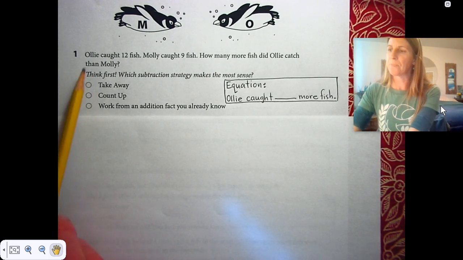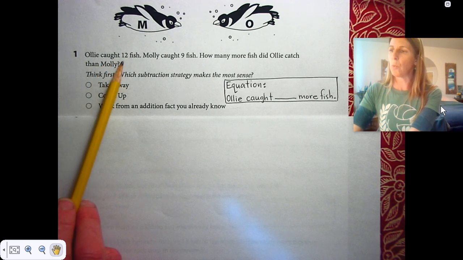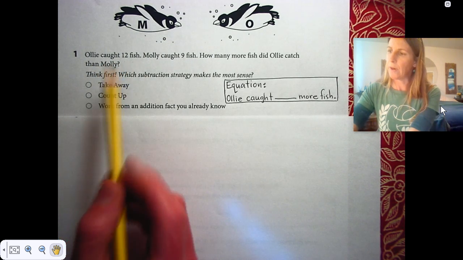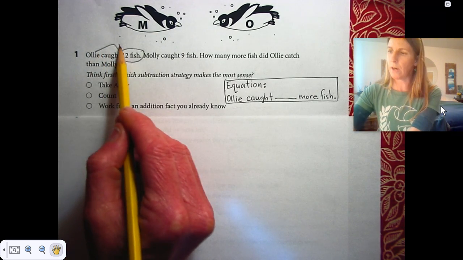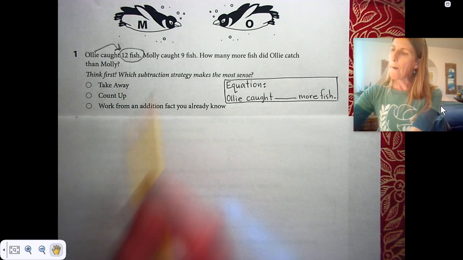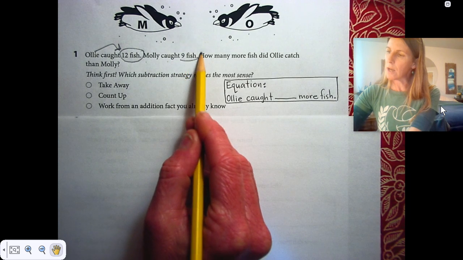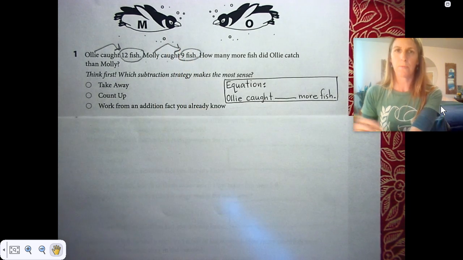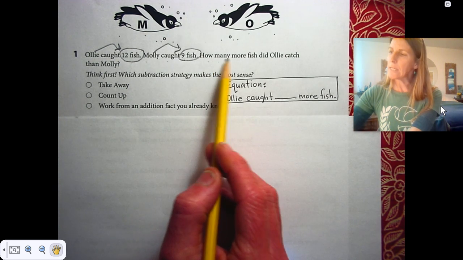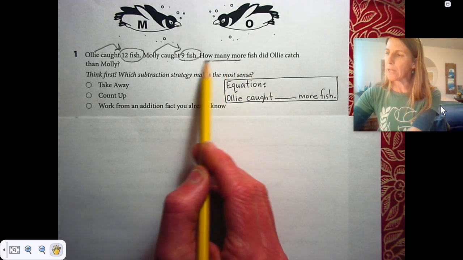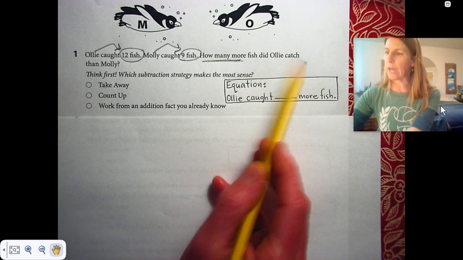It says, Ollie caught 12 fish. I like to circle my important information. That's what Ollie caught. Molly caught 9 fish. That's what Molly caught. How many more fish did Ollie catch than Molly?